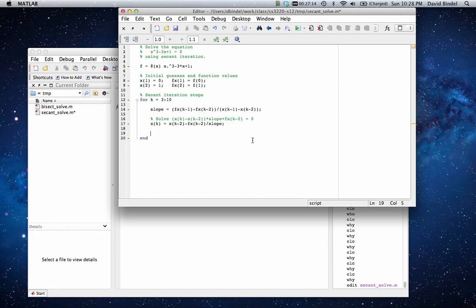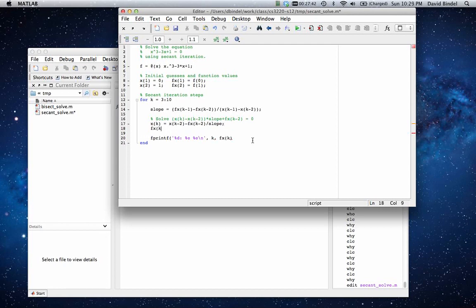So now I'm going to print out the current step number, and I'm going to see what the change is and what my current residual is. So that's going to be two floating point numbers. So I want my step k, and then after that I'm going to print out the current residual, fxk. I better evaluate that, hadn't I?